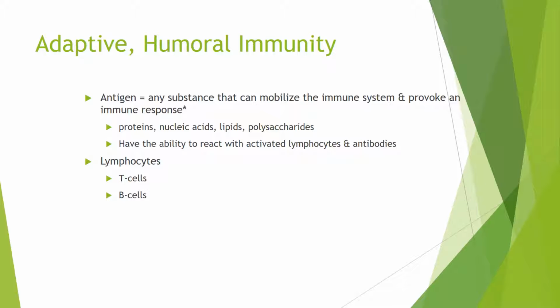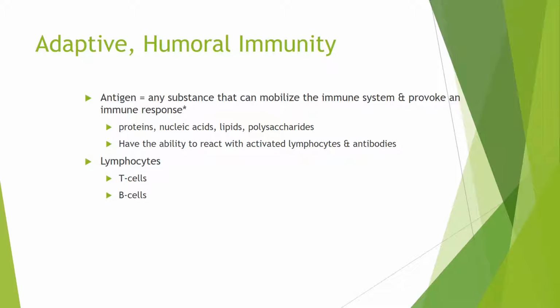Antigens have different recognition sites called epitopes, and this is where antibodies will bind to the antigen, and then that will initiate an immune response. And so the humoral response works with the antigen, and can work with a cell-mediated immunity response as well.